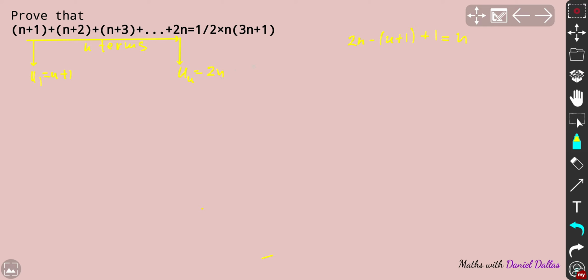Just remember the formula for the sum of the first n terms, from the first to the nth term, in an arithmetic sequence. It is simply u1 plus the last term un, over 2, times the number of terms, in this case n terms. Let's apply this formula, because the result is going to be the target that we need to get finally.